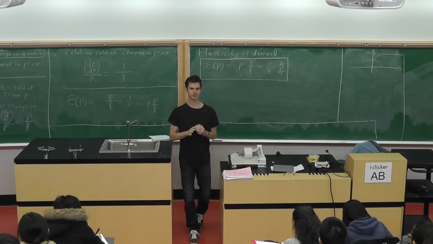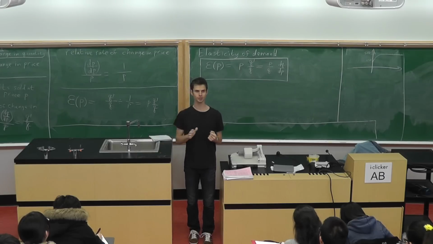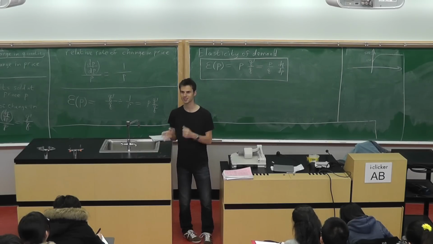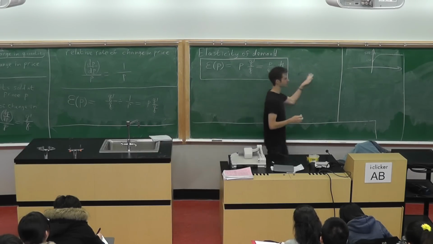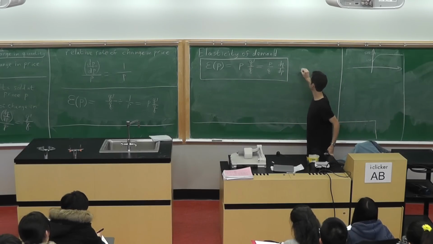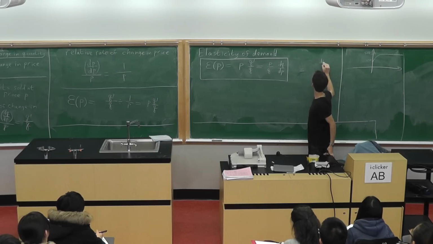Maybe as an aside, for people who actually study economics and hear this in another course on economics, you would also write it sometimes in this way, dq over q divided by dp over p.